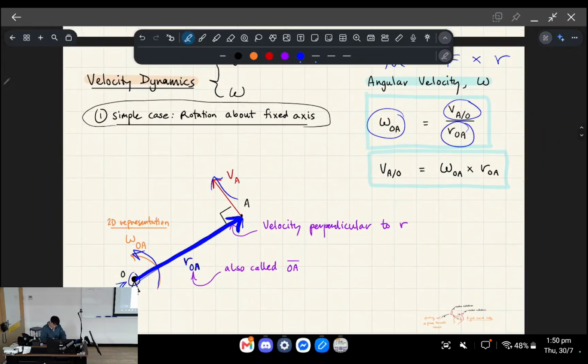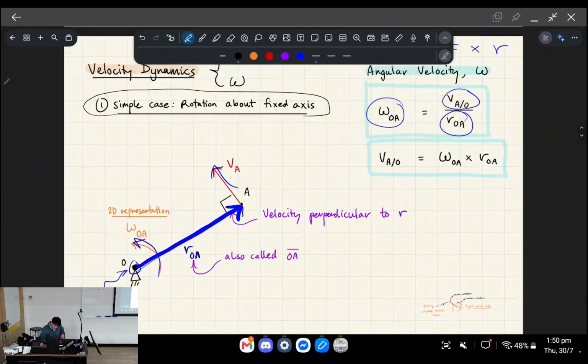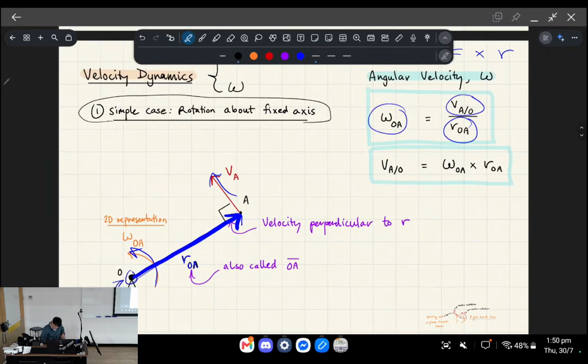So that's how this formula works, and we can also rearrange this for velocity, and you get this.